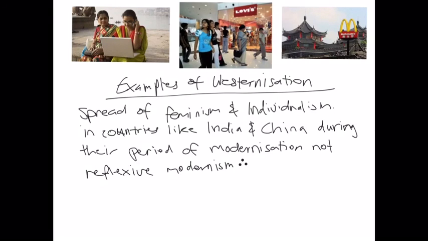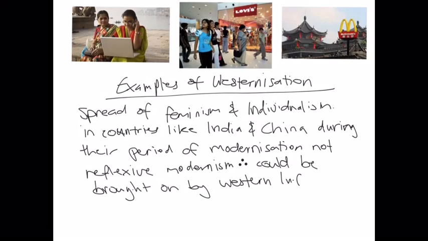Therefore, the existence of these ideals or attitudes within societies like China and India, that are still in a process of modernisation, could be seen to be brought about by Western influences, as Western societies have a heavy influence on these groups.